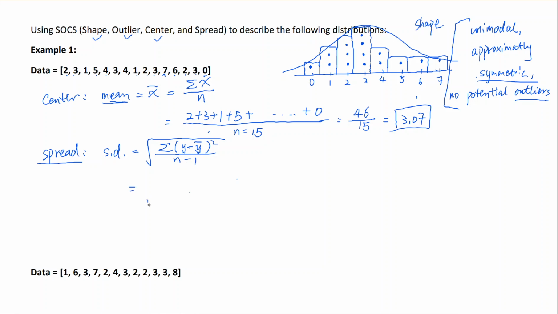So then what is that? The top will be a long one. For each observation, you need to minus the mean of this data and then square it. For the first observation, which is 2, you have 2 minus the mean, which is 3.07, squared.